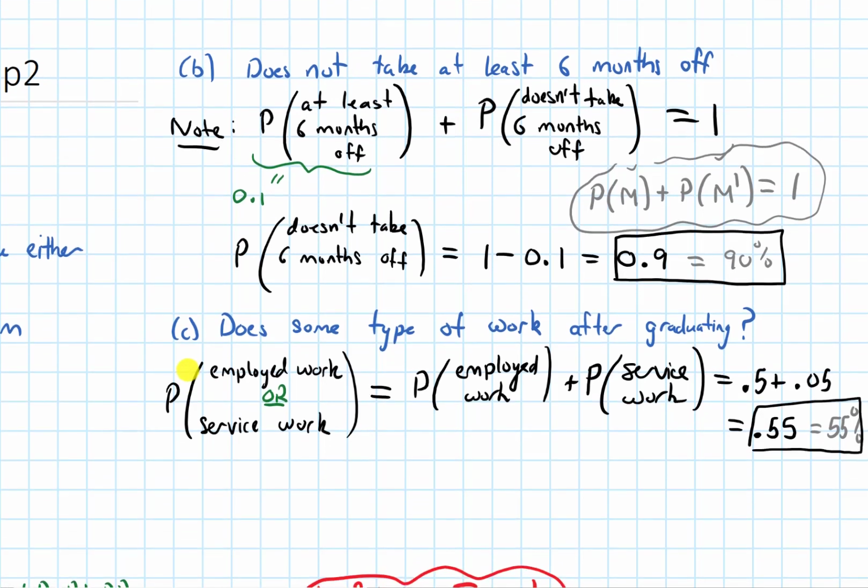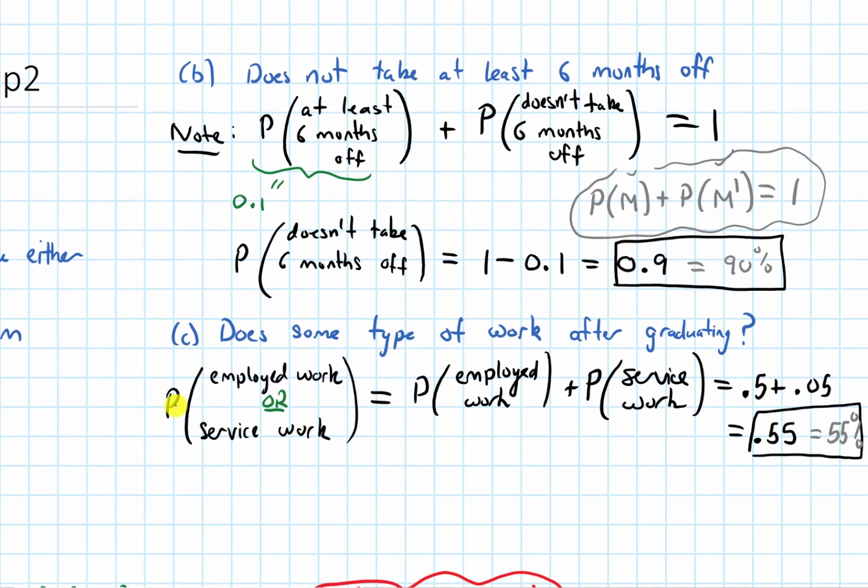The key thing that I want to make a note of here is that when we found the probability of something or something, this was the probability of a union of two events. Probability of A union B. Sometimes the probability of a union, as we saw here, is going to be equal to the probability of A plus the probability of B. That's going to be the case if A and B are disjoint.